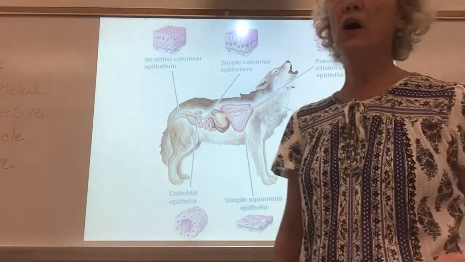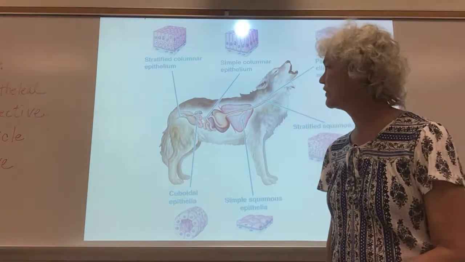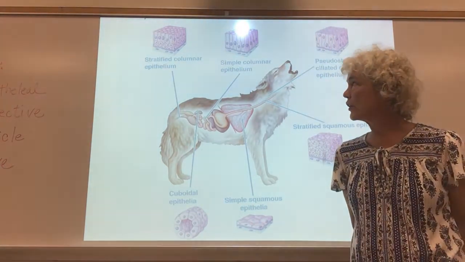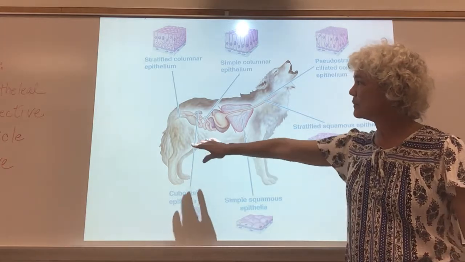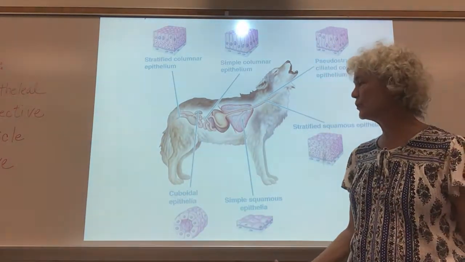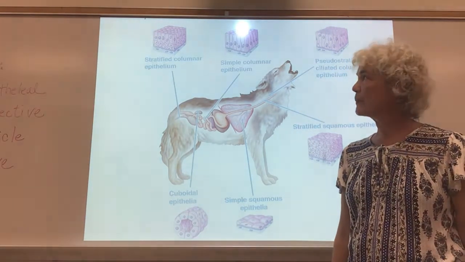There are a lot of different epithelial types, as you can see from this diagram. What we see up here is different types that are located in different places. So this diagram is trying to show you where you're likely to see some of these epithelial cells.